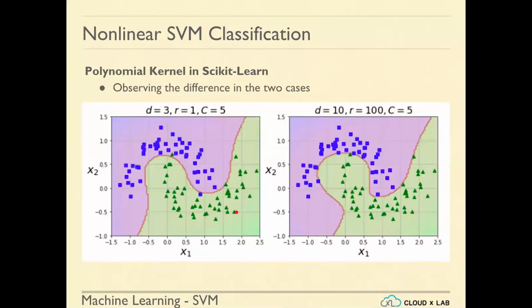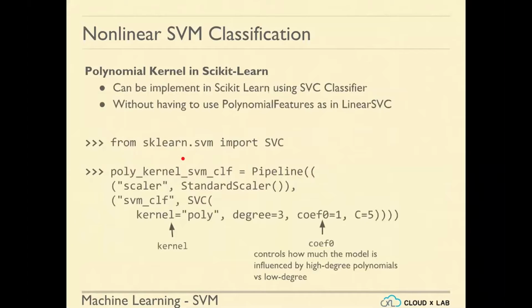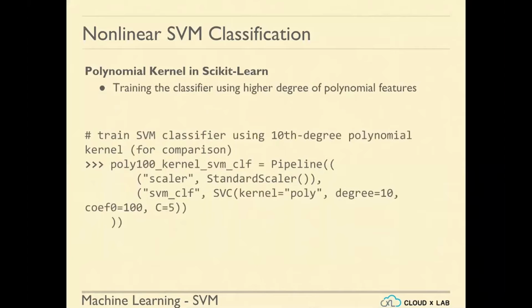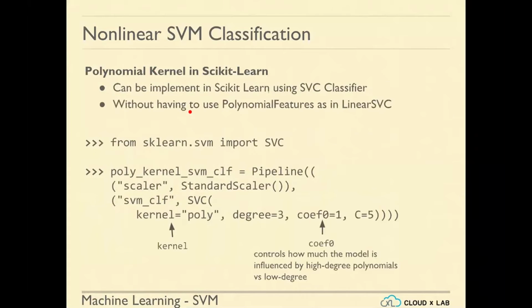Okay, and now here you can see there are three hyperparameters: degree, coefficient, and C. C is the regularization parameter. Degree, there is R. Let me go back. R is that coefficient actually.